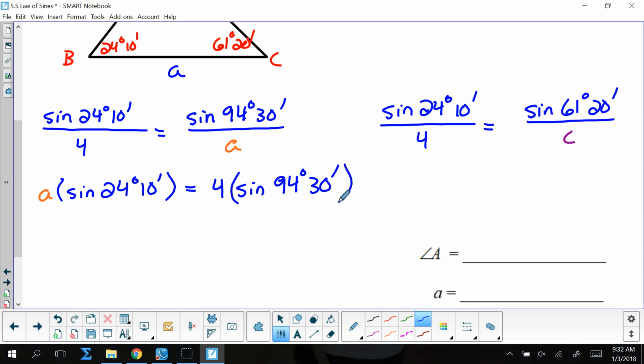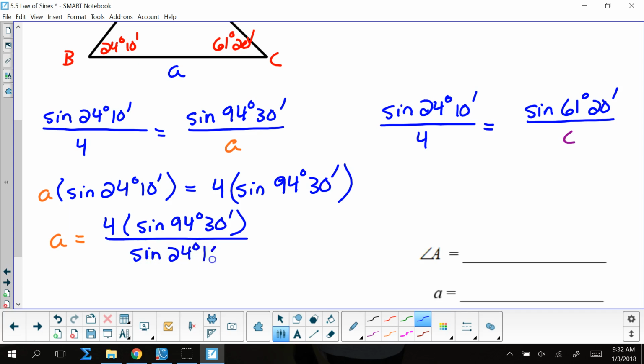So I get A here as 4 times the sine of 94 degrees 30 minutes divided by the sine of 24 degrees 10 minutes.